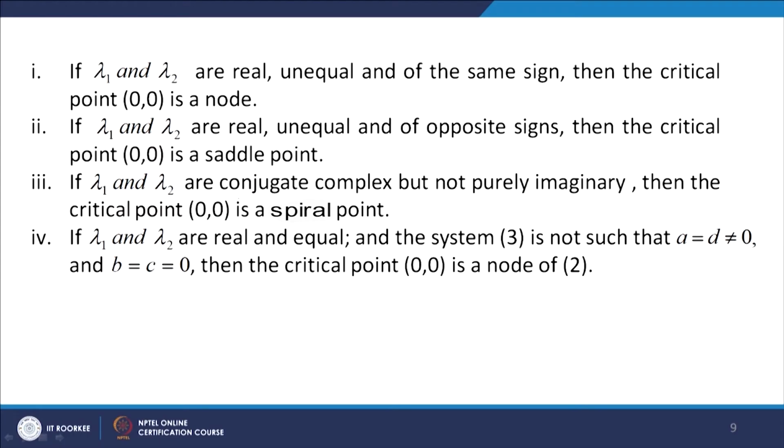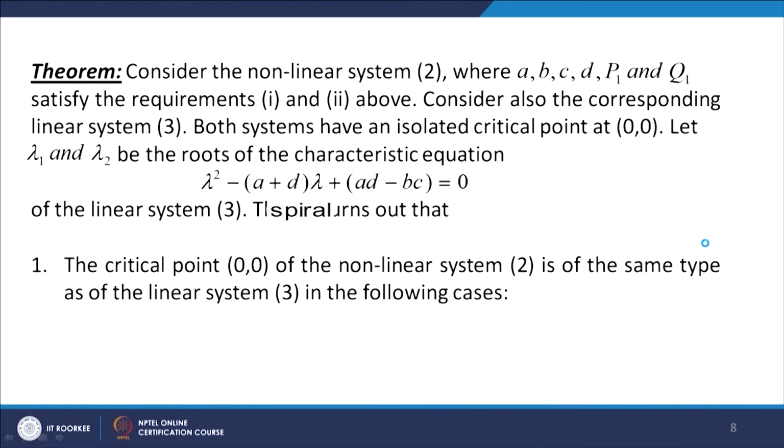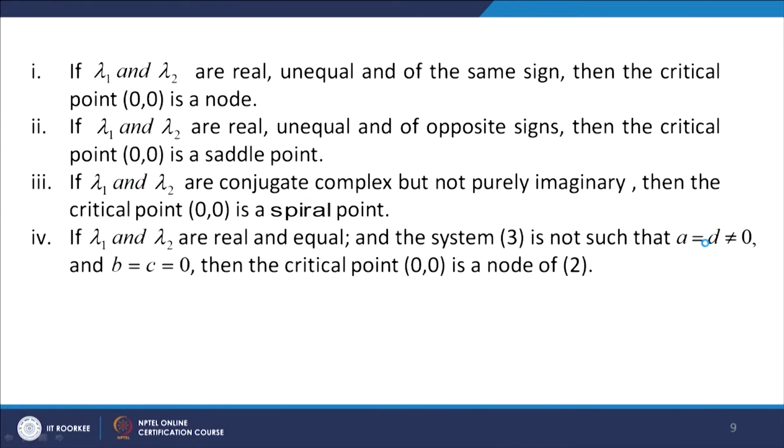If lambda 1 and lambda 2 are conjugate complex, but not purely imaginary, then the critical point (0,0) is a spiral point. If lambda 1 and lambda 2 are real and equal and the system 3, the corresponding linear system, is not such that a equal to d not equal to 0 and b equal to c equal to 0, then the critical point is a node. We have discussed this situation in the case of a linear system.